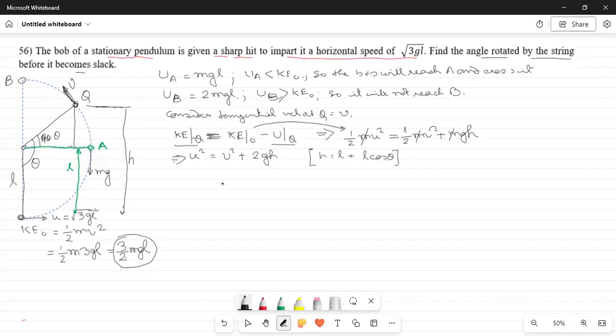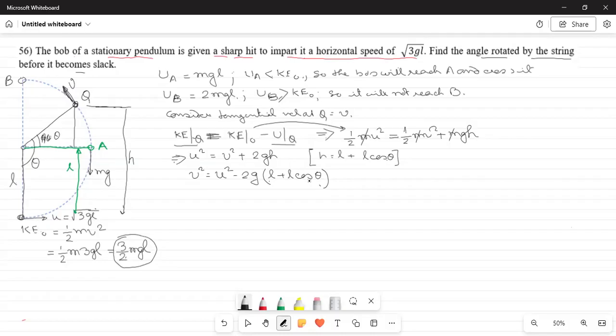So this is this. Therefore, from here we get v square is equal to minus 2gh, where h is L plus L cos theta.